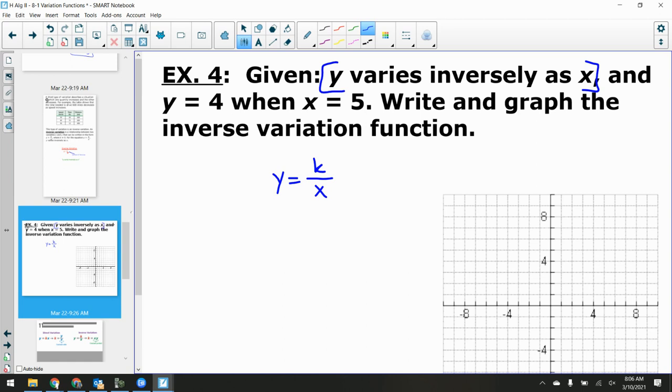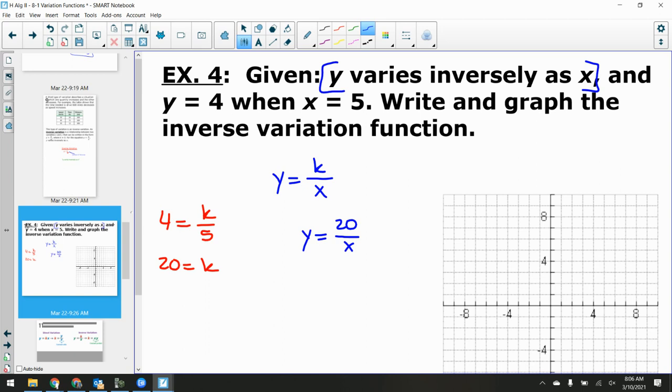Now that next phrase gives me enough information to find k. 4 is equal to k over 5. So what's my k value? 20, right? 20 is my k value. Because I multiply 5 over to the other side. So my final equation is y is equal to 20 divided by x.